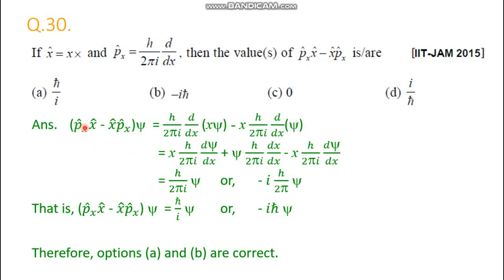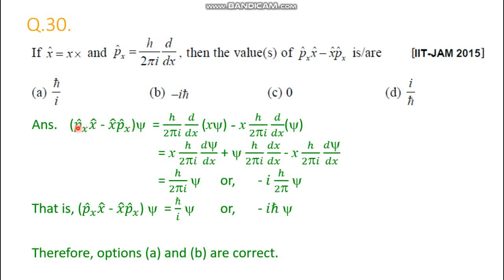So first of all, we have to operate any function psi with this operator. So this operator is what? Now h by twice pi i d/dx of x psi, because here x is multiplied. If you multiply psi by x, then you have to operate by px cap.